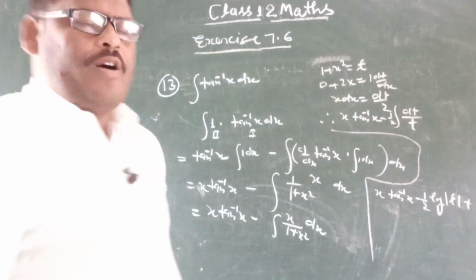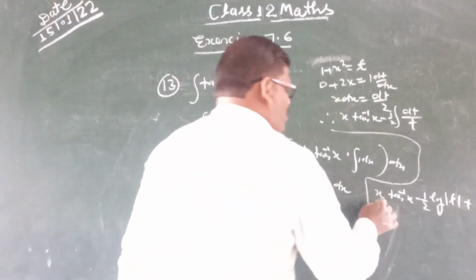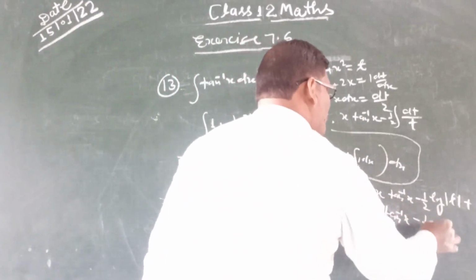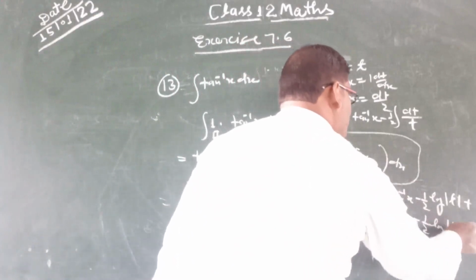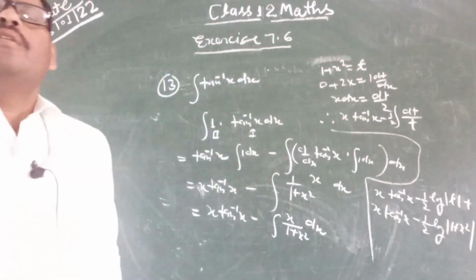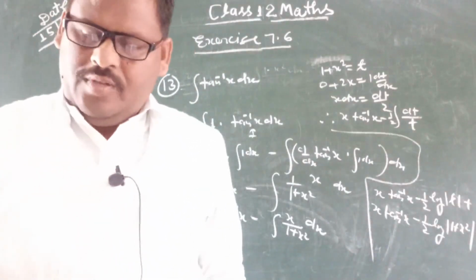Now substitute the value of t, that is 1 plus x square, which implies x tan inverse x minus 1 by 2 log mod 1 plus x square plus integral constant c.